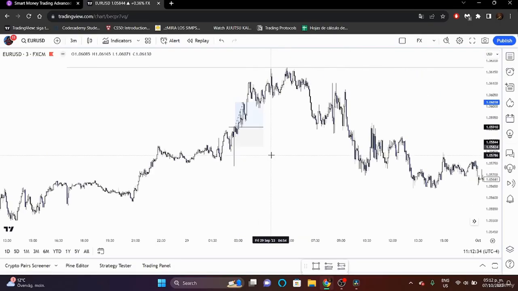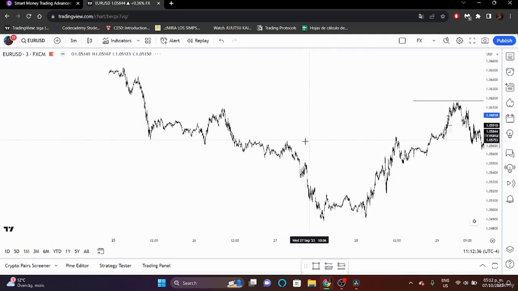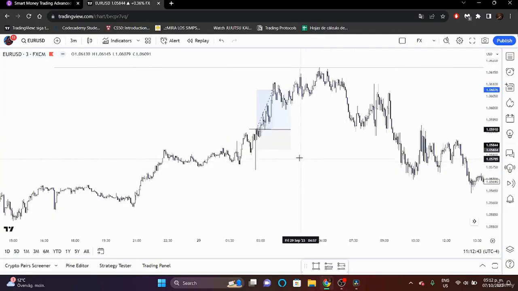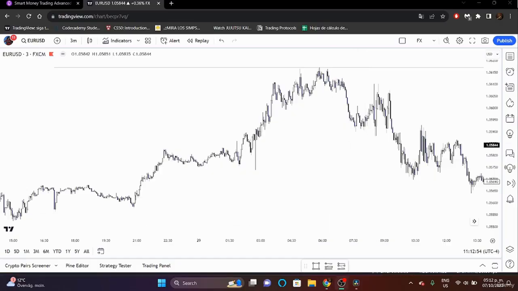And where would I be targeting? Well, I will be targeting some kind of liquidity, which will be these highs actually. This will be my target, which eventually gets tapped and goes a little bit higher before lower. Okay, that's a propulsion block, and I hope you understood it and you enjoyed it. Let's go to the next session.